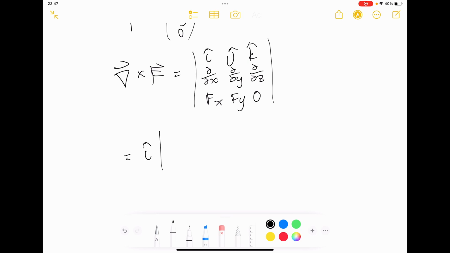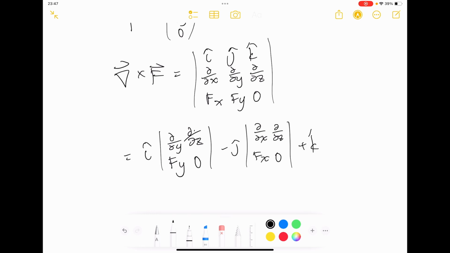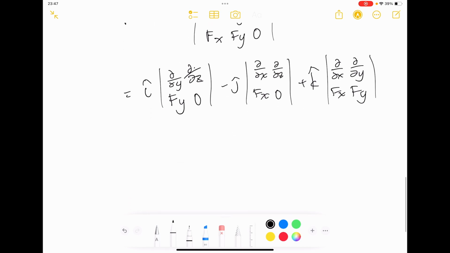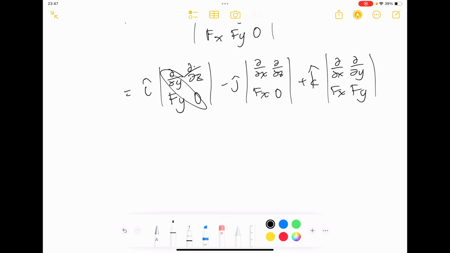So if you compute the curl, that is how you compute it, ddz and fy minus j ddx 0 ddz fx and plus k d dx fy d dy fx. And if we take a look at these determinants, that's obviously 0.